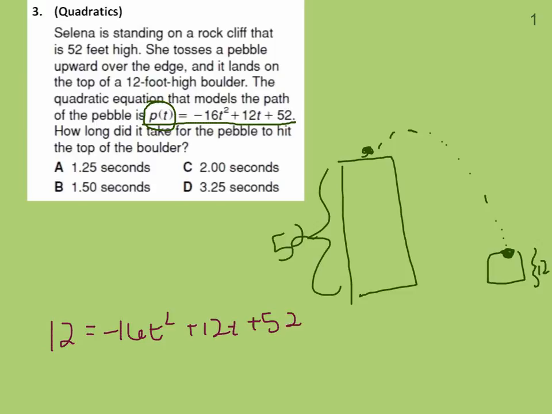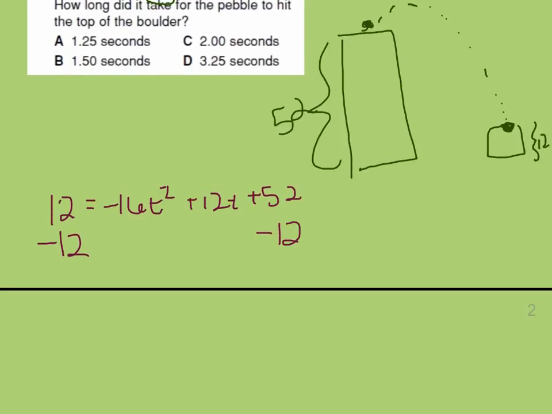And in order to solve for t, for time, using the quadratic formula, you'd have to subtract 12 from both sides, because remember, the quadratic formula finds the zeros. So 0 equals negative 16t squared plus 12t plus 40. And then we can use the quadratic formula from there.